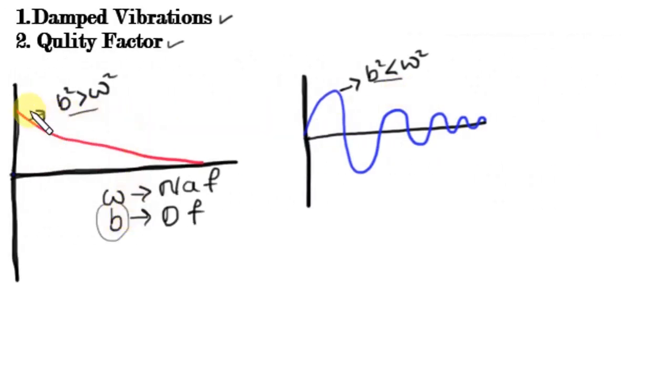In this first condition, where b square is greater than omega square, which we call over damping, the oscillations are said to be heavily damped, when the system attains its equilibrium state quite slowly without making an oscillation.